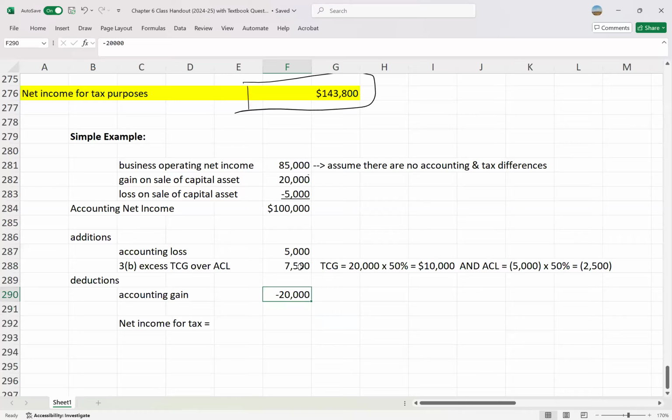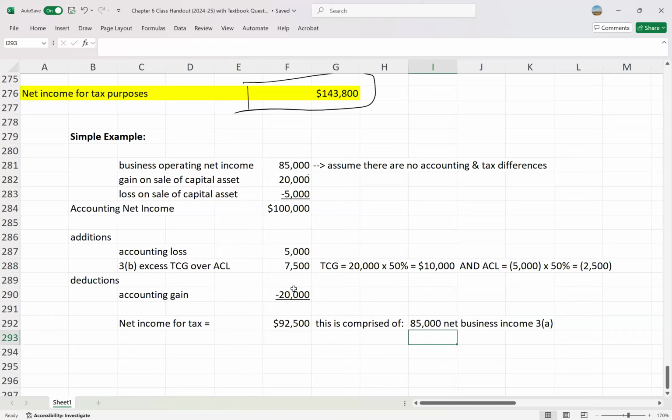So then we will do a quick total for this column here. Not the full column, just starting with the accounting net income. And so the net income for tax is going to be 92,500. And if you think about what this is comprised of, this is comprised of 85,000, which is the net business income. So that would be included in 3A for this individual.